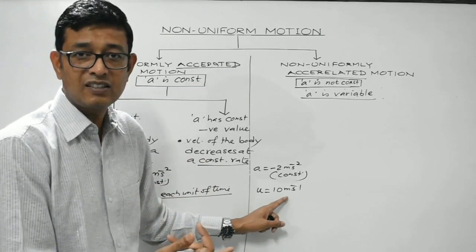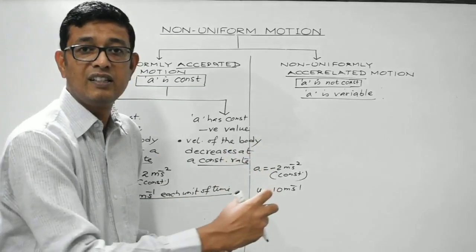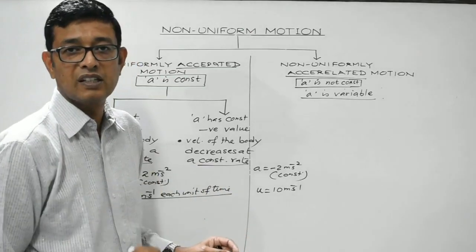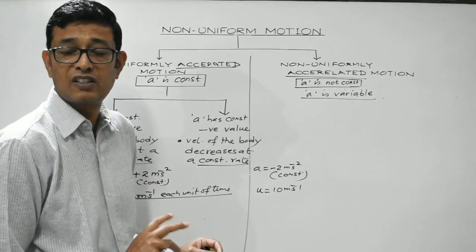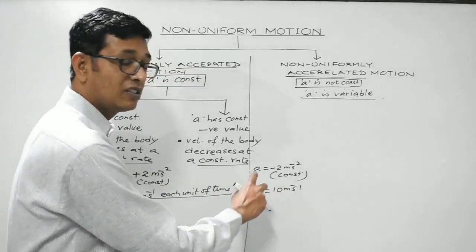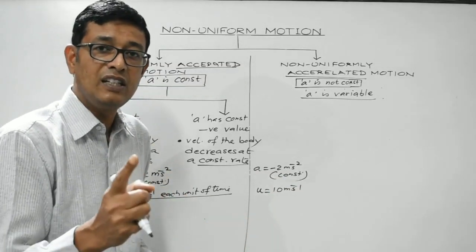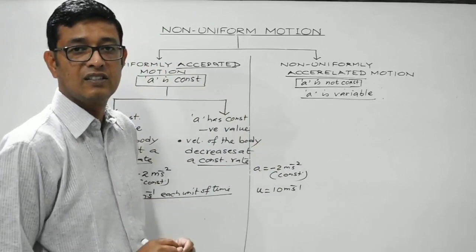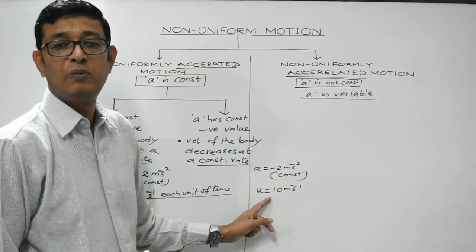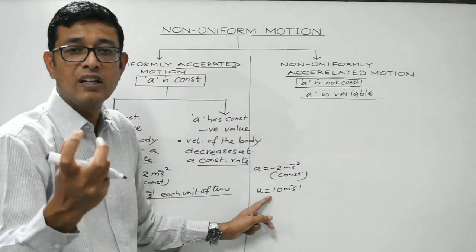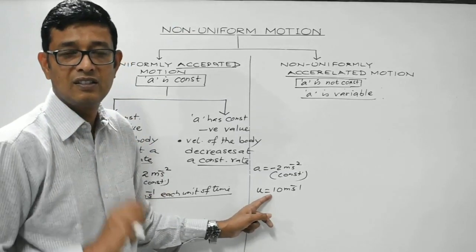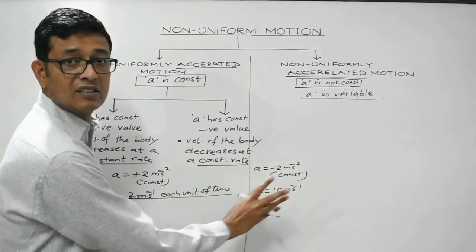After 3 seconds it would further decrease to 4 meter per second. Is it clear? After 4 seconds, its velocity will still further decrease to 2 meter per second. And eventually after t equals 5 seconds, its final velocity will become 0, indicating that the body has eventually come to rest. So understood both the cases.